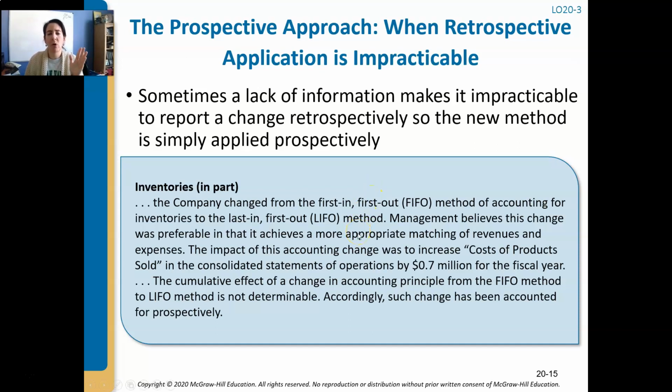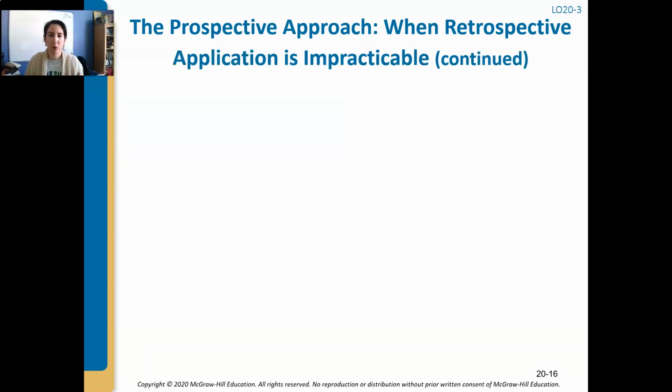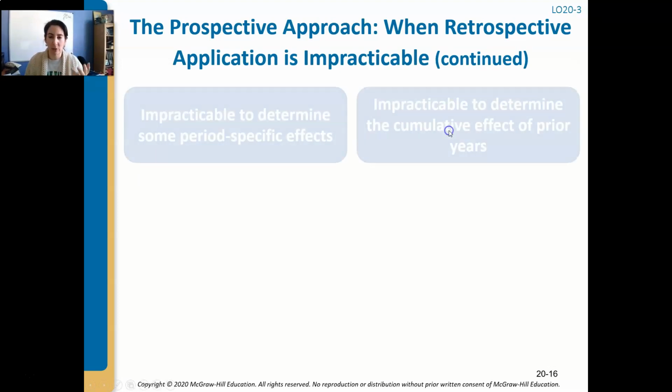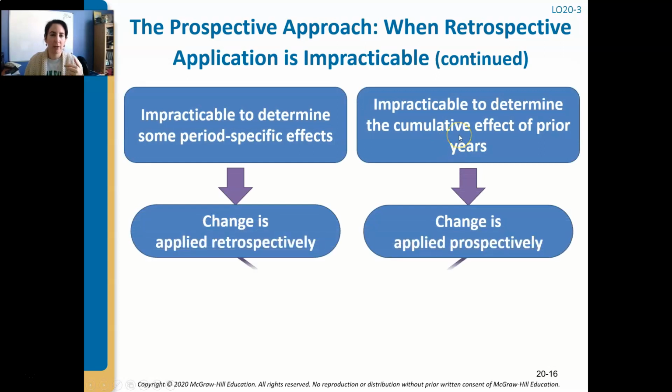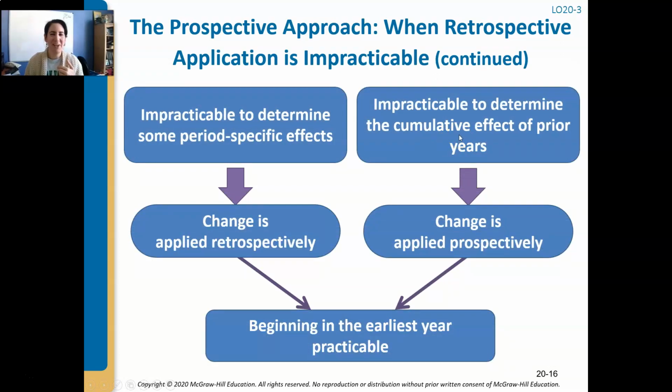So if you are switching to LIFO, it's one of the ones that's kind of exempted from doing a full retrospective change, because it's not feasible to create those old inventory layers. Sometimes you're allowed to use the prospective when retrospective is impractical, and that's what I was just talking about. You're allowed to go prospectively for something like LIFO, just because it's not realistic to go retrospectively.